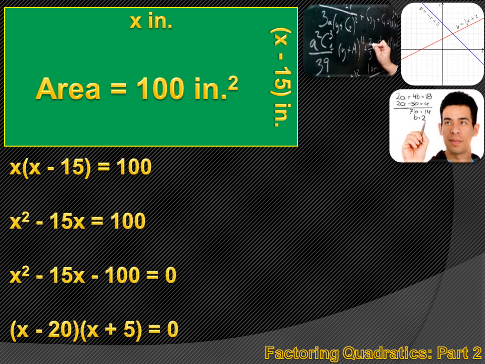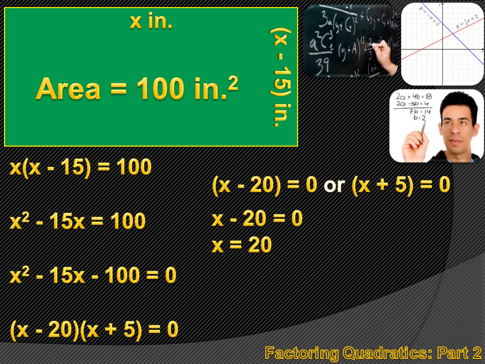Now, if x minus 20 times x plus 5 equals 0, then I know that either x minus 20 equals 0 or x plus 5 equals 0, or both x minus 20 and x plus 5 equal 0. Well, if x minus 20 equals 0, then x equals 20. x, this dimension, could be 20 inches.